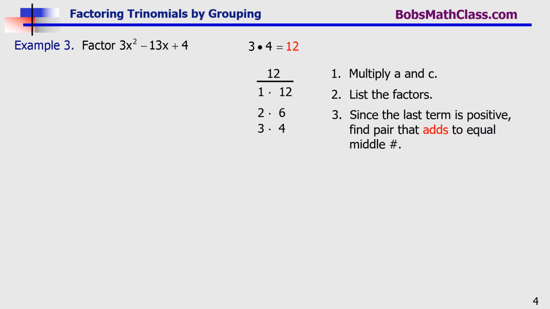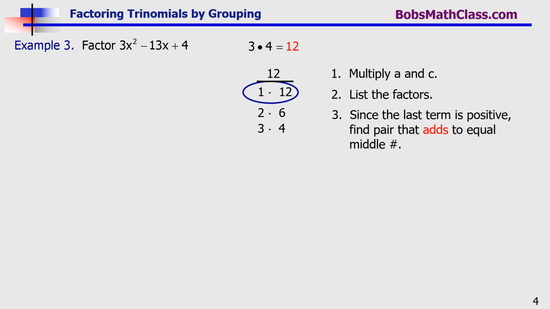Now the last term, the 4, is positive, right? That means we want to find the pair that adds to equal the middle number. Which of these pairs will add to be 13? Yeah, that's right, it's the 1 and 12.